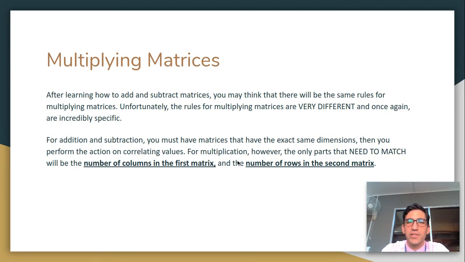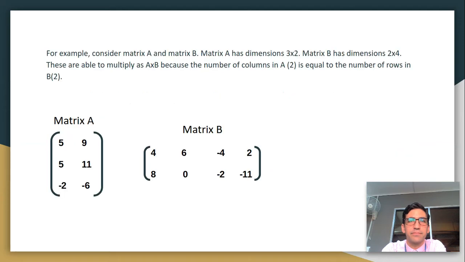For multiplication, the only parts that need to match will be the number of columns in the first matrix and the number of rows in the second matrix. They don't need to have the same exact dimensions. Just the number of columns in the first one and the number of rows in the second one.